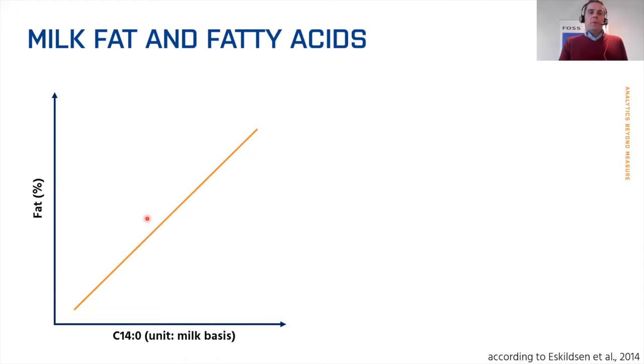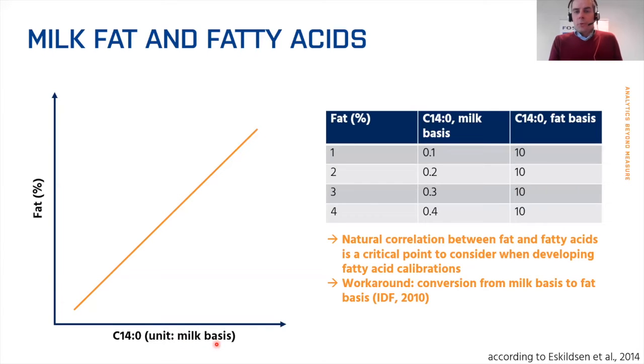One very important consideration when working with milk fat and fatty acids is that there is a natural correlation between these two. The more fat I have in a milk sample, the higher the concentration of certain fatty acids if I work with them using the unit milk basis. To further illustrate that, here is a table where we can see that the milk basis numbers actually change as fat content increases.